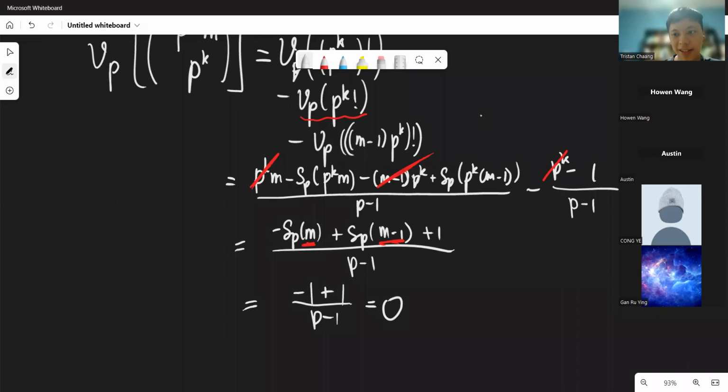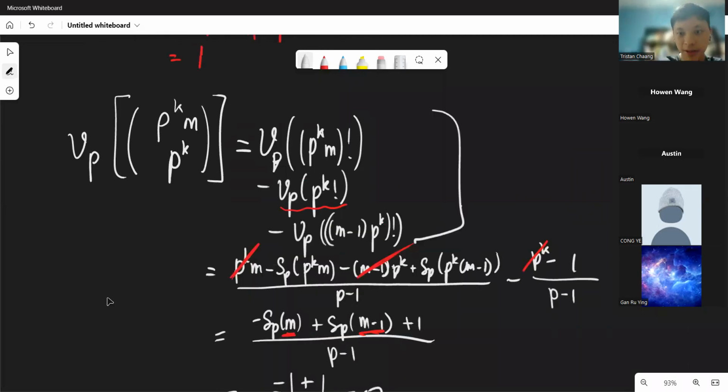In fact, let's just skip problem 3 and 4. Those are quite fun problems. Sorry, how do you get the first line? Okay, which line? This line, you mean? Oh, okay.